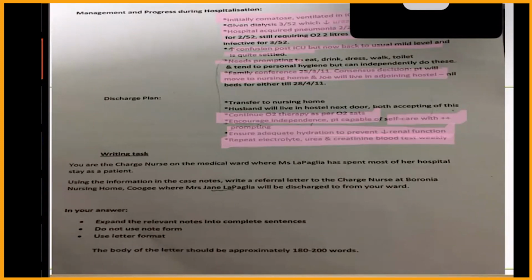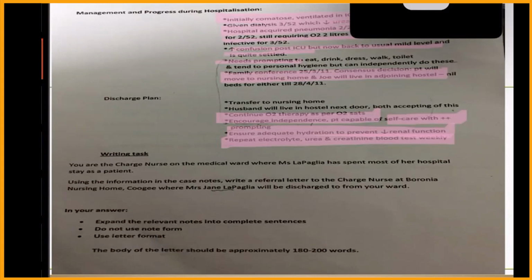It is already mentioned that the patient is capable of doing these activities. So you don't have to say anything in general like that, just come to the point. You start off with the oxygen therapy initially. It would be appreciated if you could continue oxygen therapy for Miss La Pagela.